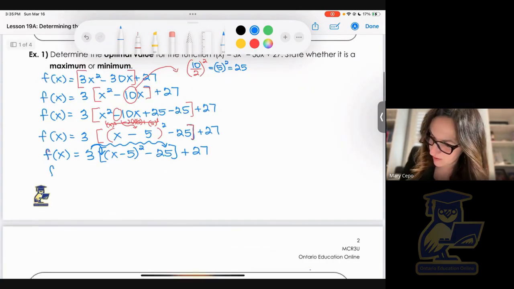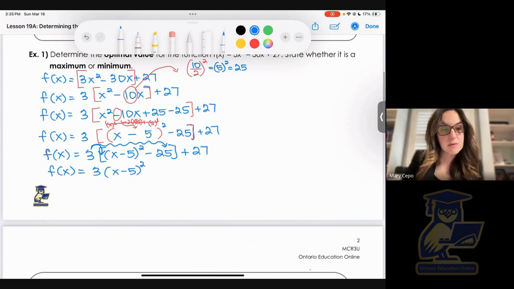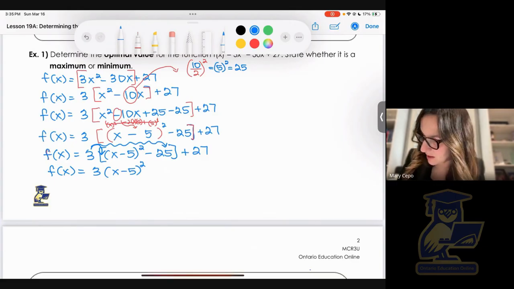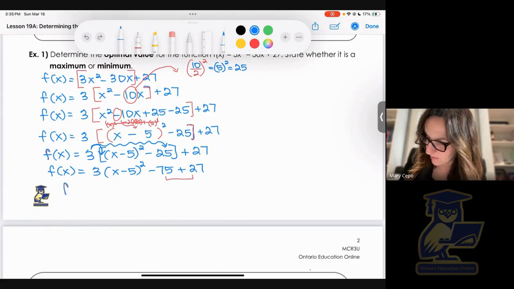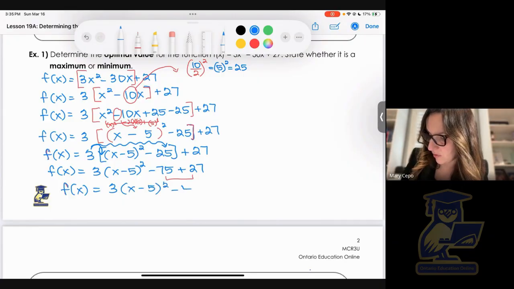So therefore, f of x is equal to 3 bracket (x minus 5) all squared, 3 times negative 25, which is negative 75. And then we add 27. Again, these are like terms, so we can simplify that. So we have f of x is equal to 3(x minus 5) all squared minus 48.